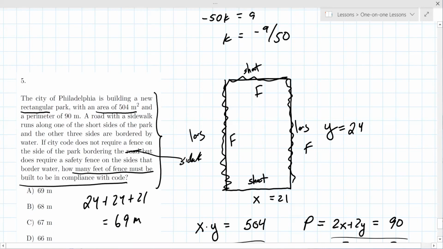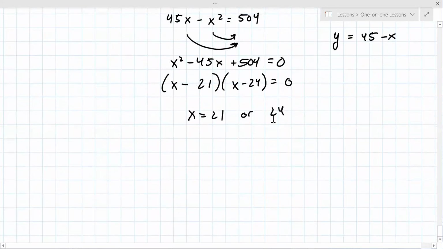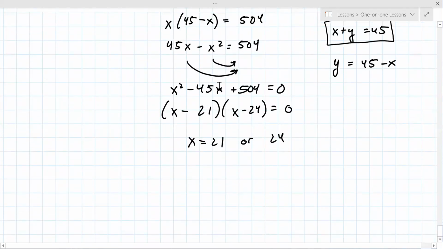Okay, let's review how you might have factored this by hand, because this one's pretty tough to do. The 45 helps you out. Factors of 504, like 1 and 504, don't help much, because the numbers have to add up to minus 45, so that one's out. 2 and 252 are out.